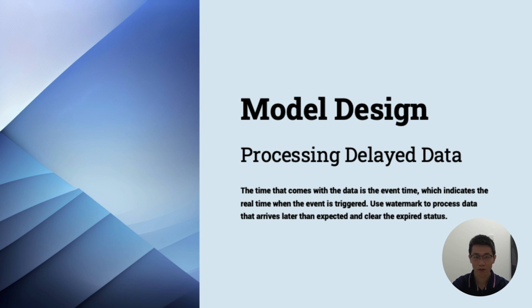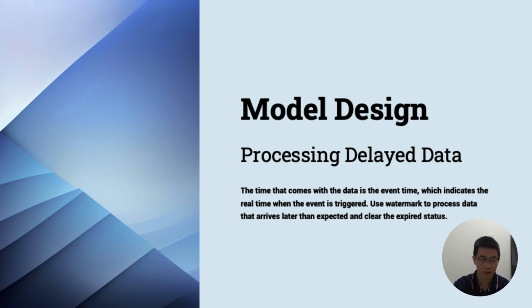Additionally, we use watermarks to clean up our intermediate state data because we can't keep it indefinitely. So we need something to control this process, and that something is a watermark. For now, you can get a basic understanding of this concept and its purpose. In the future, I'll explain how watermarks are implemented and how they work.